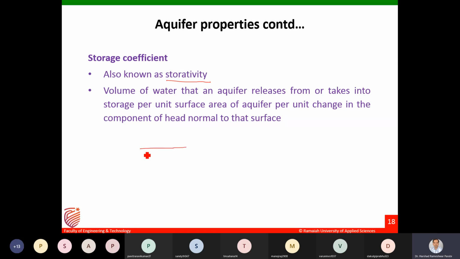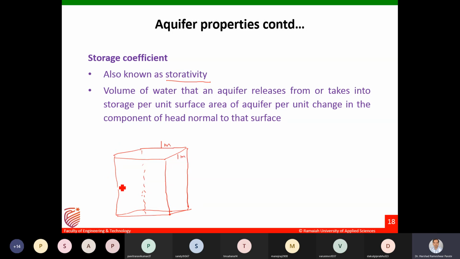Consider an aquifer with unit surface area, so 1 meter by 1 meter.